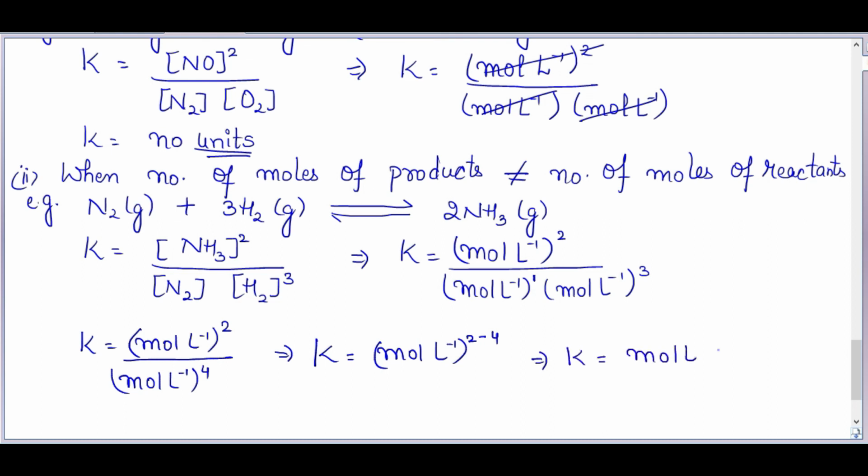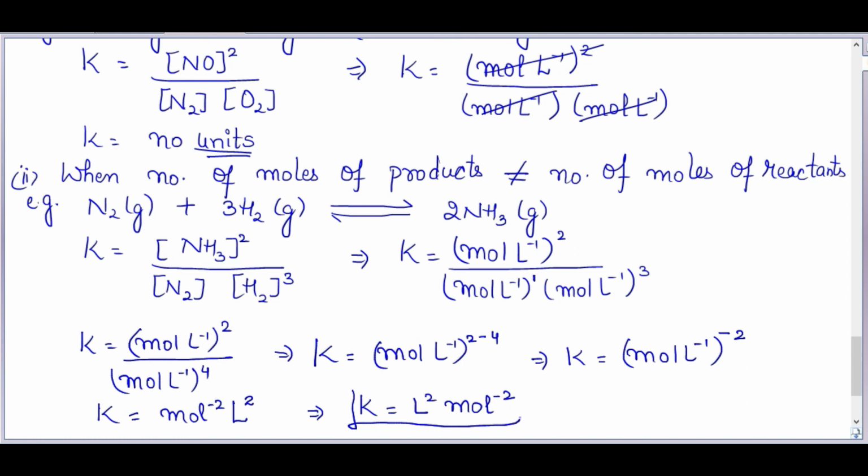So mole liter inverse power minus 2. Now expand the values. K equal to mole minus 2, definitely liter. Here I am having minus 1 into minus 2. Minus into minus, that means plus. So liter square. So rearrange the value. K equal to liter square mole inverse square.